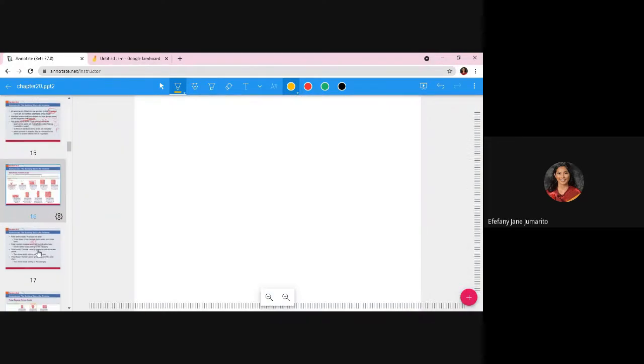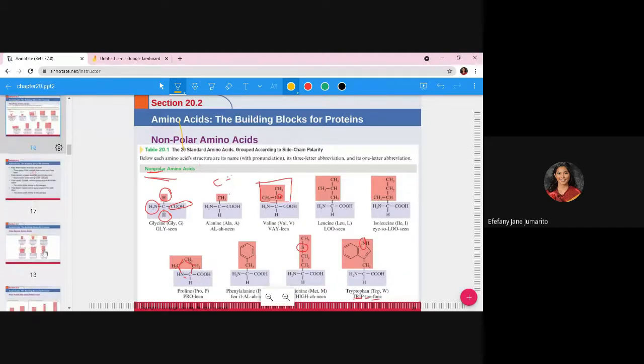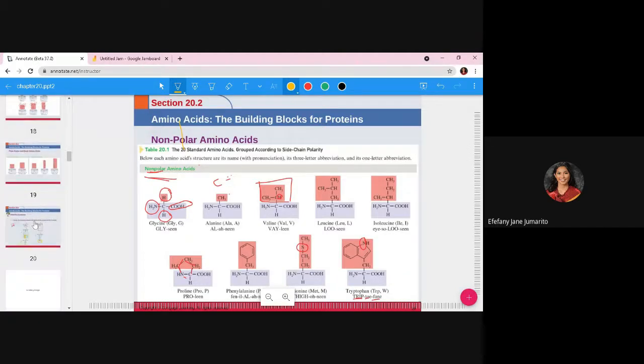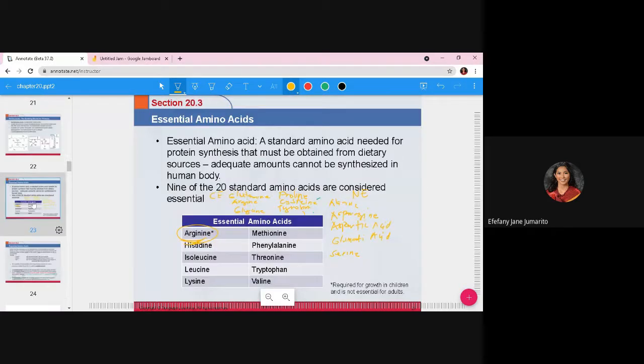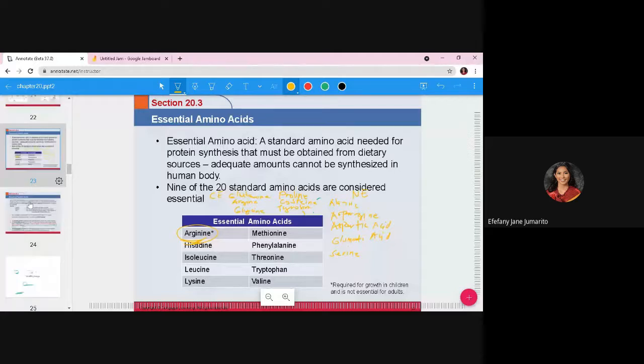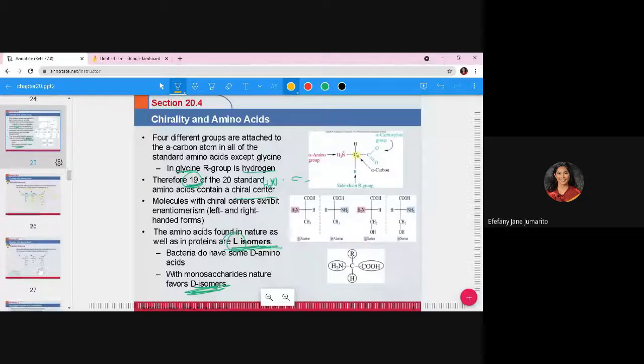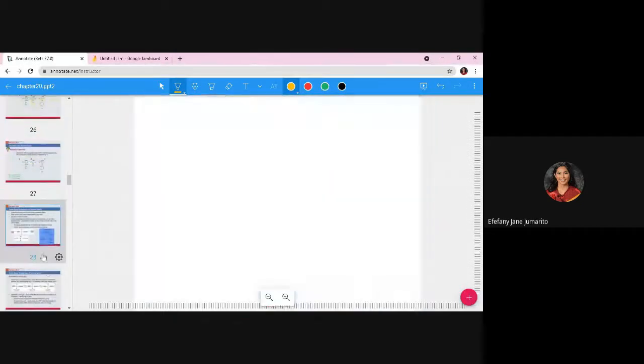Last time we talked about the polar, non-polar, and neutral amino acids. Then we also have the isomers, the D and L isomers. What do we look at to say whether it is a D or L isomer?